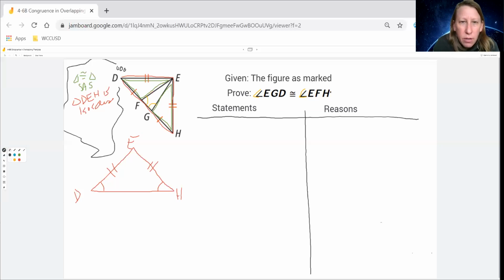You guys keep thinking. I'm going to start this proof getting to those green triangles. So I'm going to start with side DF is congruent to side HG. That was given to me.